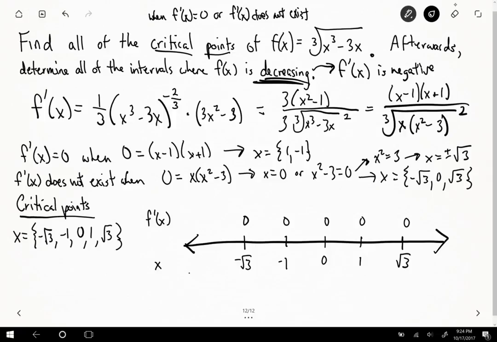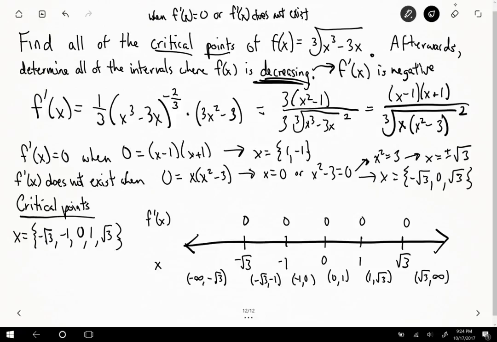So to give you an idea of the intervals, the first interval, we go from negative infinity to negative square root of 3. Right? That's our first breaking point from here to here. Our next breaking point would be negative square root of 3 to negative 1. Then we can break it up again at negative 1 to 0, 0 to 1, 1 to square root of 3, and then square root of 3 to infinity.